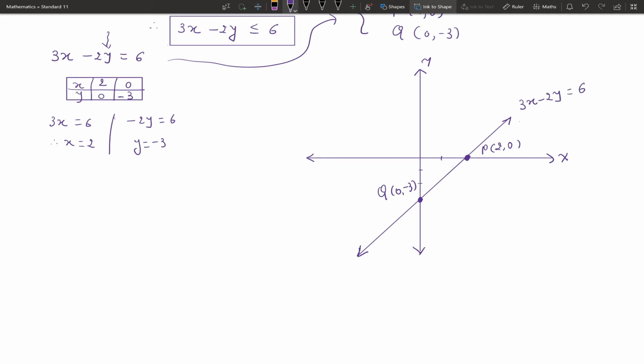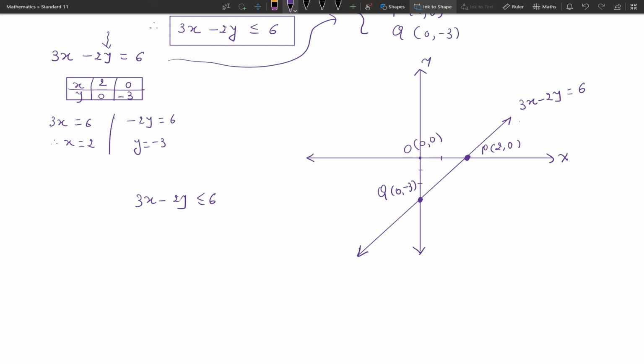Now in the inequality 3x minus 2y less than or equal to 6, we put the coordinates of the origin. Let us verify whether the coordinates of the origin satisfy the given inequality or not.